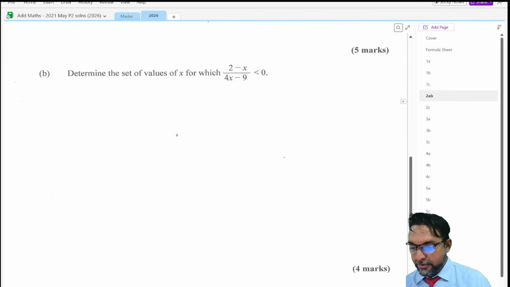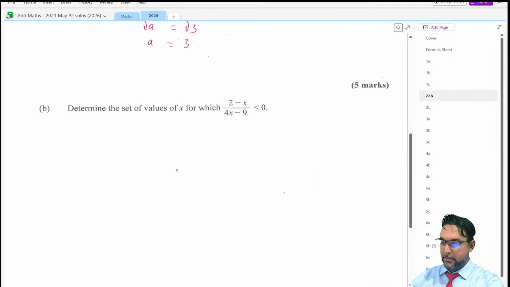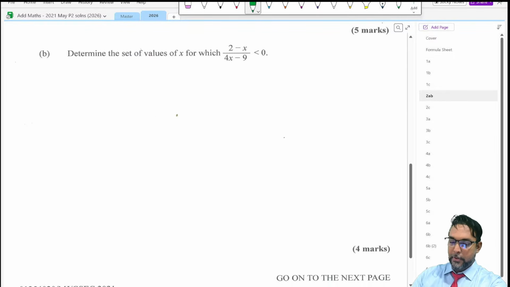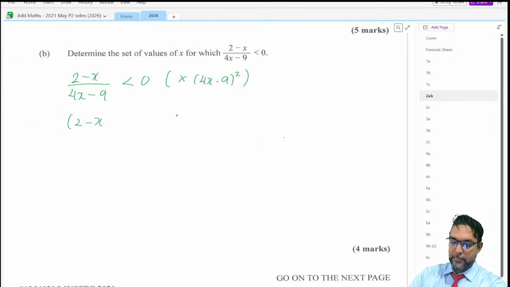Determine the set of values of x for which that is less than 0. So 2 minus x all over 4x minus 9 less than 0.